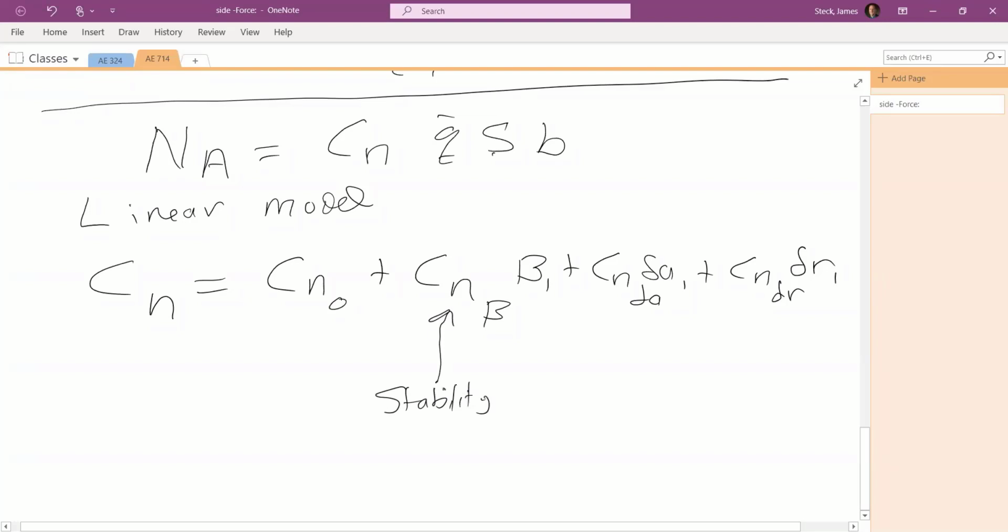So we'll ask the question, is this good, bad, or we don't care? This is the intended effect of the rudder. The rudder is there to yaw the airplane. And then this is a side effect.